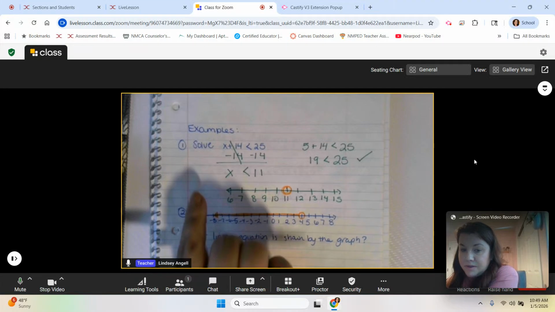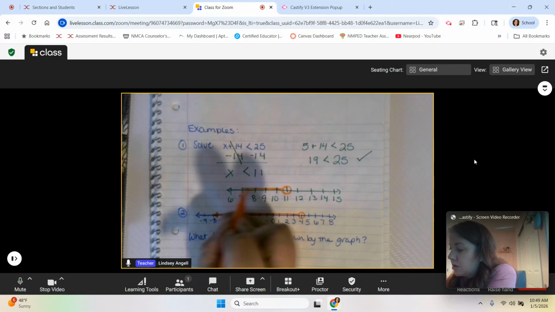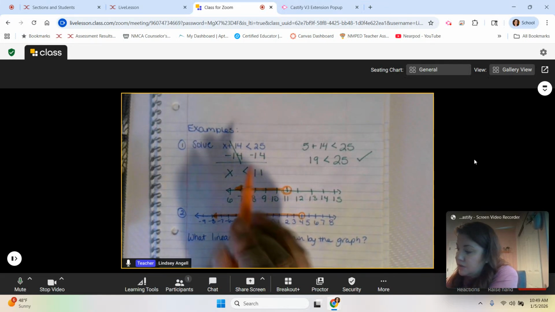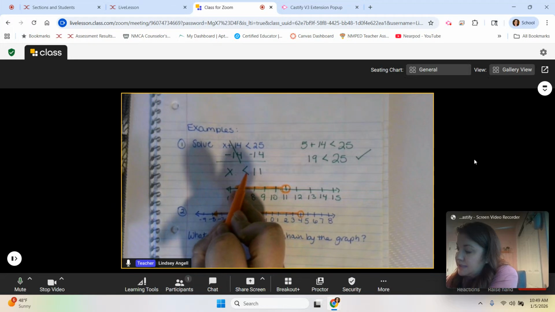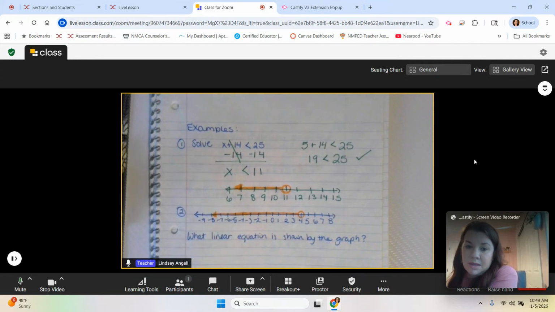Well, 5 is over this way, so I need my arrow to face that way too. Okay, and you can make it as long as you want. But it would look something like that. All right, so notice my less than symbol matches the arrow on my graph, and it matches the arrow on my number line, right? All of those are the same. So that's how you would graph that inequality.